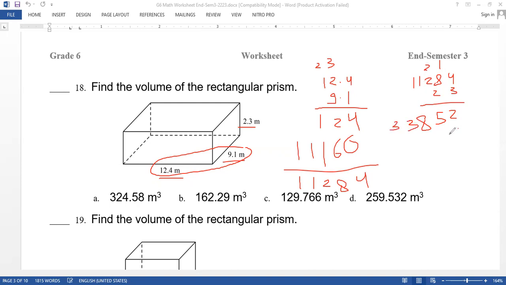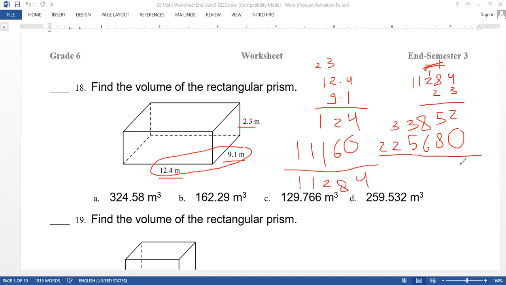I put now a big fat 0. Erase this. 2 times 4, 8. 2 times 8, 16. I put 1 up and 6 down. 2 times 2, 4 plus 1, 5. 2 times 1, 2. 2 times 1, 2.